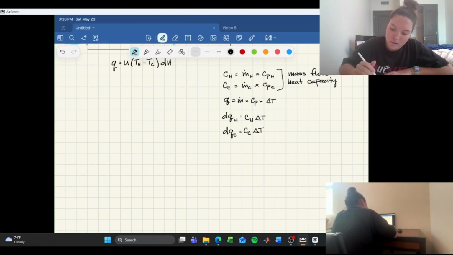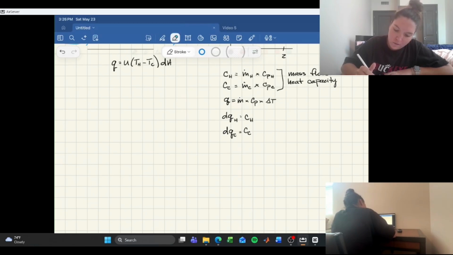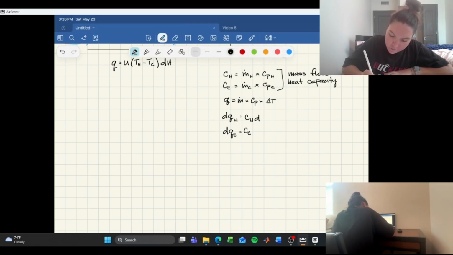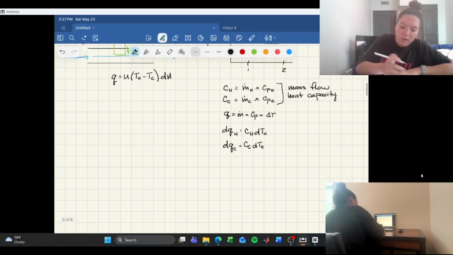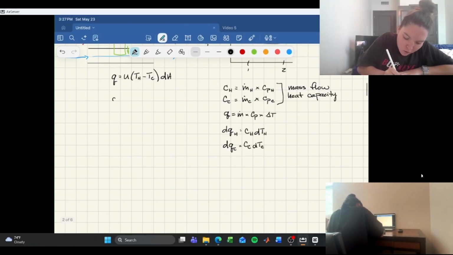And these delta T's, I'll rewrite them: the change in temperature of the hot stream and the change in temperature of the cold stream, to make it more specific. So I'm going to rewrite this equation. So the change in heat flow is going to be equal to U times delta T times dA.